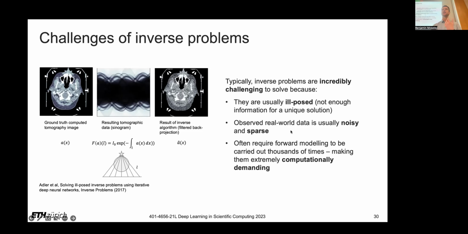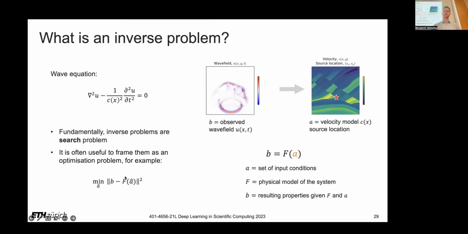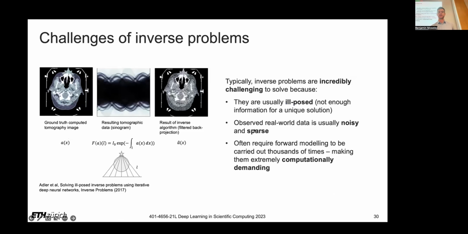That all makes it harder to solve. And the final thing is that running this simulation, this forward model, we typically need to run it thousands of times to solve this optimization problem. That can be very expensive if this forward model is a finite element solver, for example. So these are the big challenges of inverse problems. And I showed you this other example of computational tomography imaging as well, which suffers from the same sort of issues.